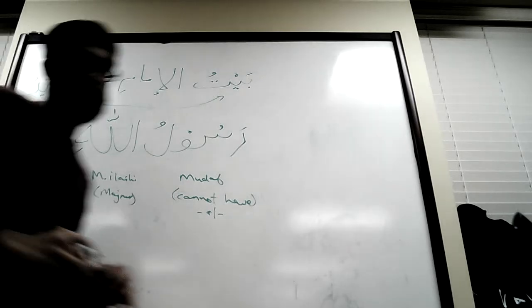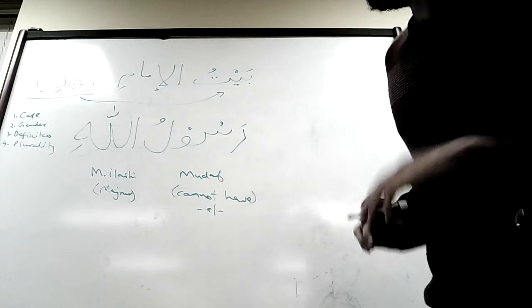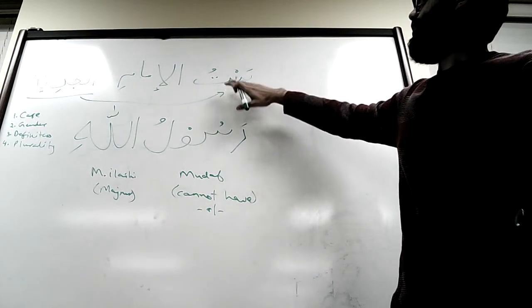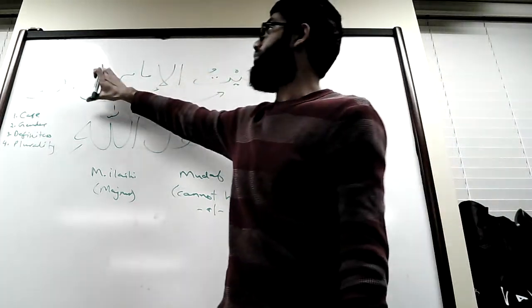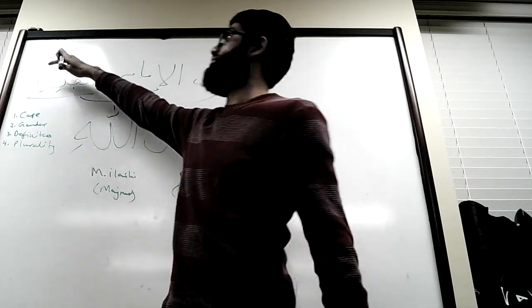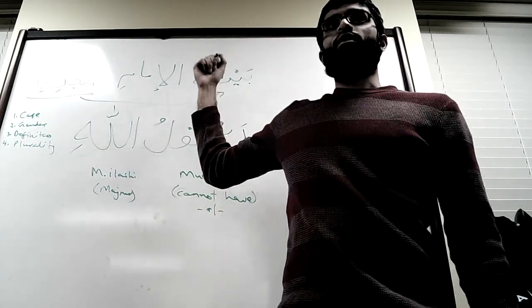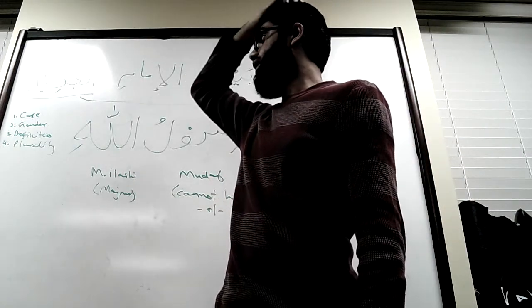So when Beitu, let's look at the case. What does Beitu end with? It ends with a dhamma, right? So the word new also has to be marfu. If it ends with dhamma, it's marfu. Okay. The gender: is Beitun masculine or feminine? Masculine. So jadidu is also going to be masculine.